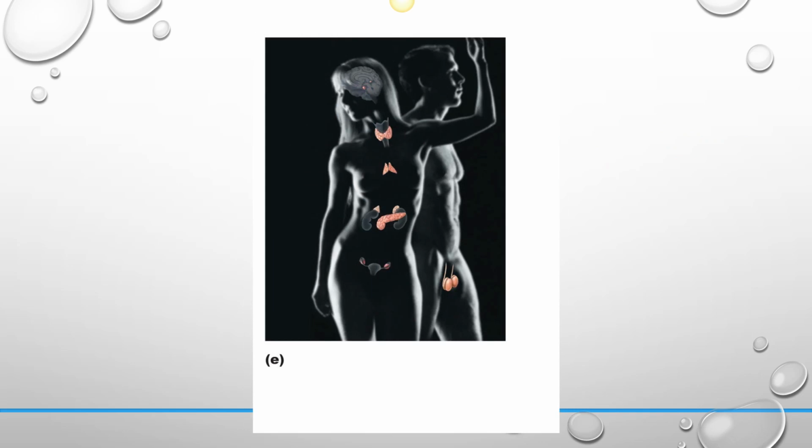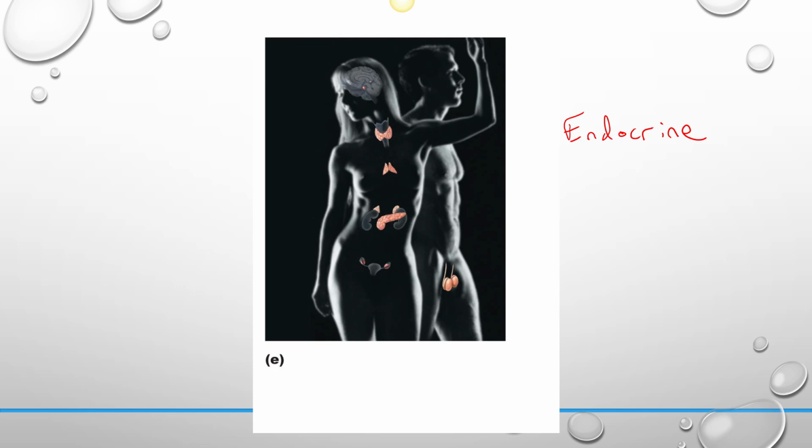This is the endocrine system. The endocrine system consists of the pituitary, the thyroid and parathyroids, the thymus, the pancreas, the adrenal glands, and the ovaries and testes.